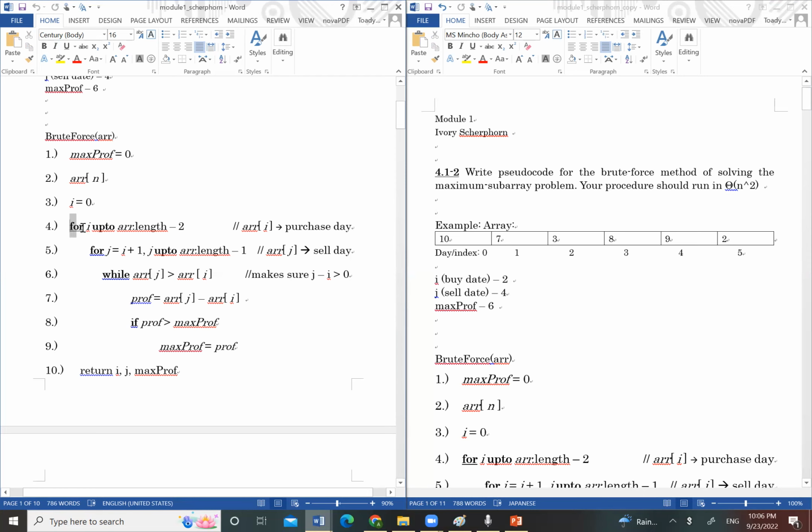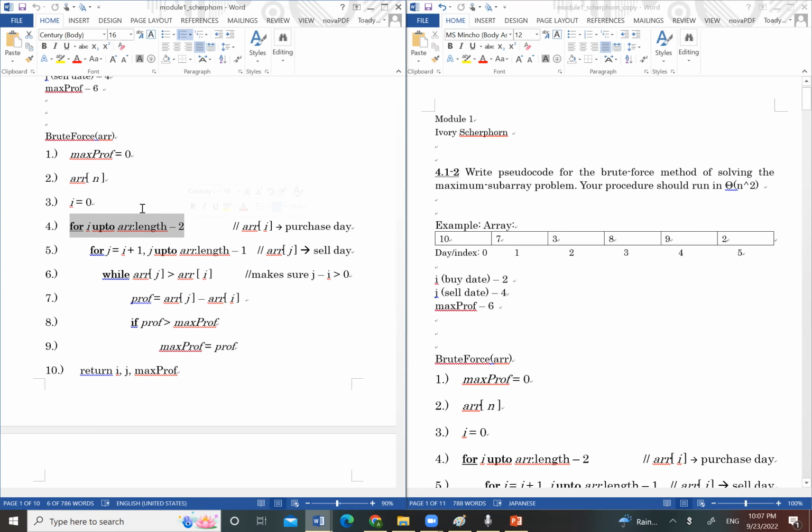So for I up to length minus 2, which is the outer for loop, it goes to length minus 2 because it has to be 1 day before the sell date. So I can't have it end on the last day because then there's no time to sell. So it'll be 2 days before the last day.